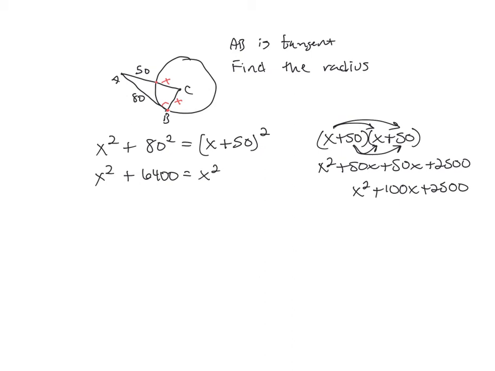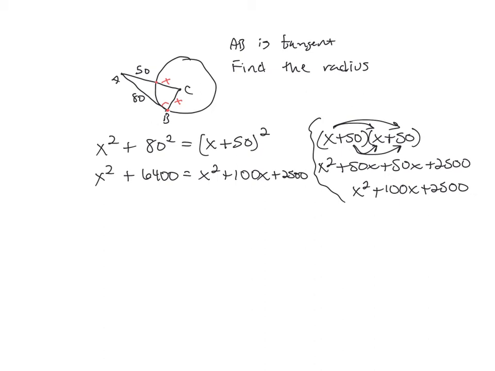I will tell you that this chapter is really heavy with algebra. We'll get this circle and we'll apply a theorem, and then there's going to be this algebra stuff that we're going to have to do.